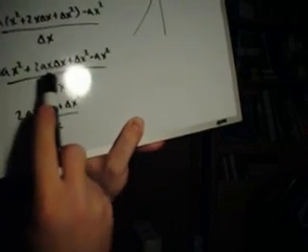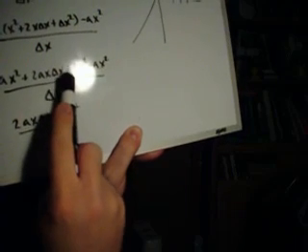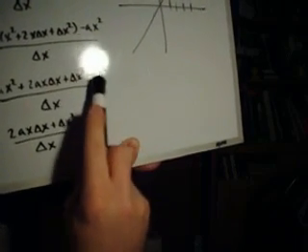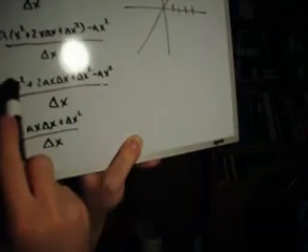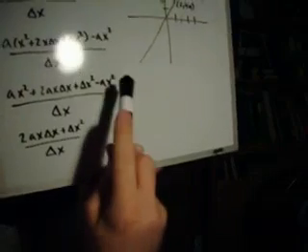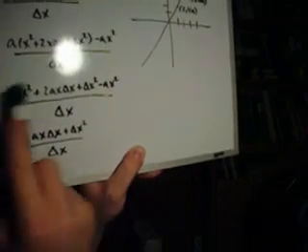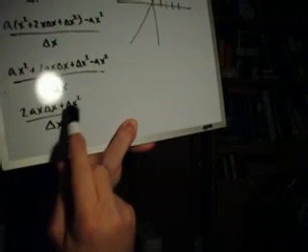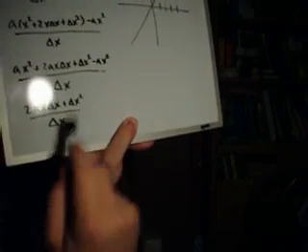We take all 3 of these terms times a here, and we have ax squared plus 2ax delta x plus a delta x squared minus ax squared, all divided by delta x. Well, these ax squared here and this ax squared here cancel each other out, and that leaves 2ax delta x plus a delta x squared divided by delta x.